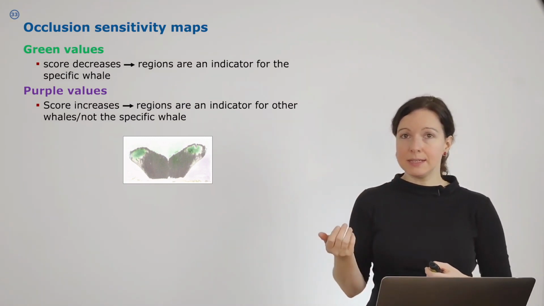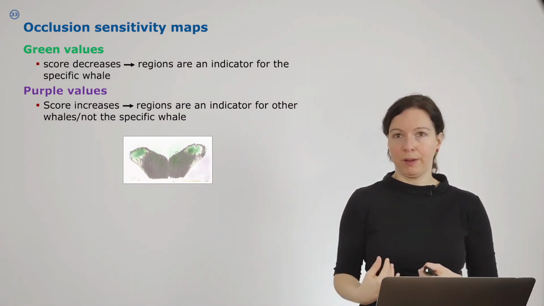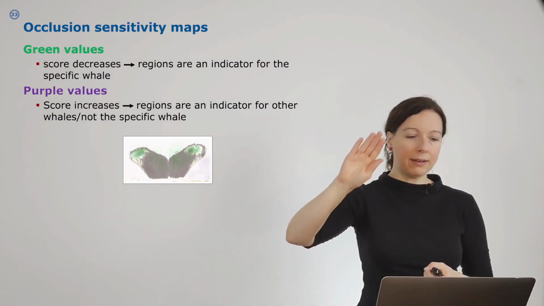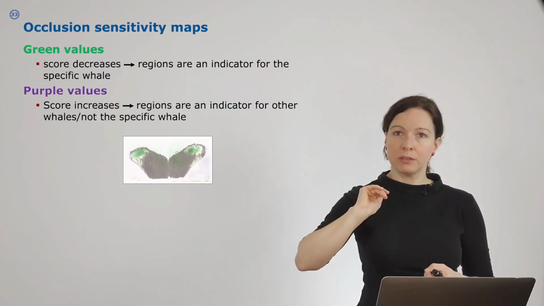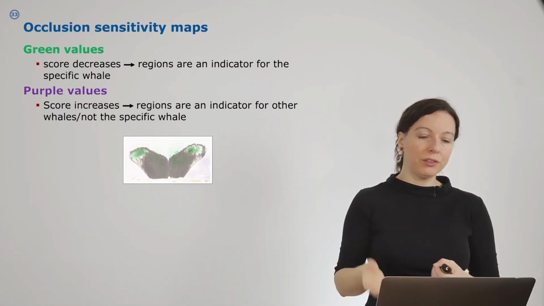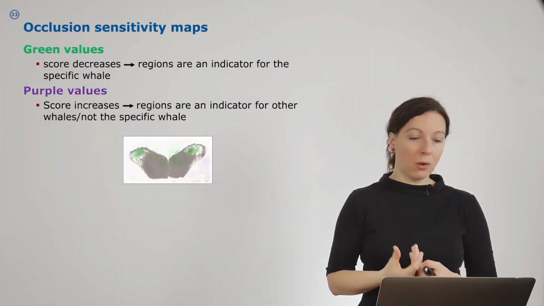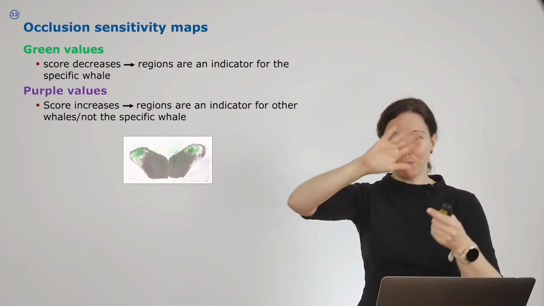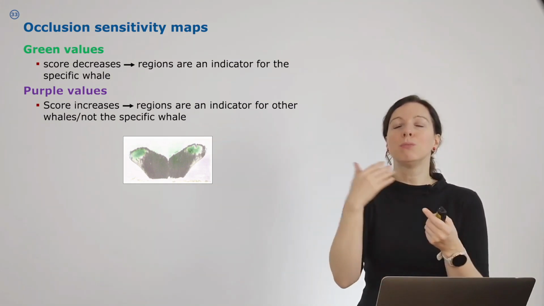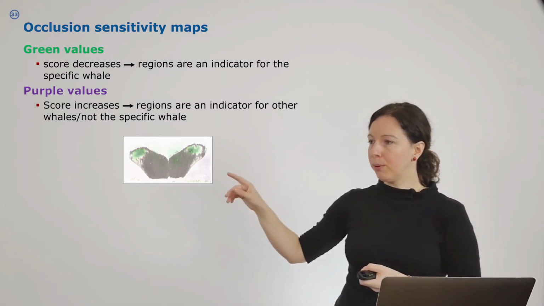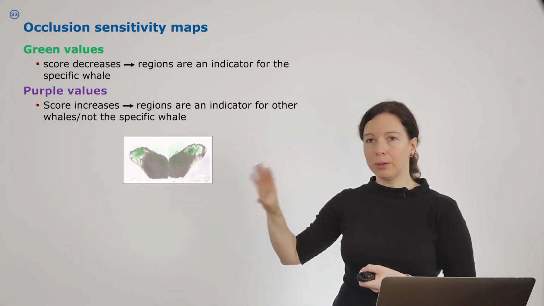What you can see in it are green values and purple values. Green value means as soon as you cover one part up, the score decreases. That means that the regions are an indicator for a specific whale. So it was bad to cover it up. That means it was important for the decision. And then there are also purple values, for example in the back.